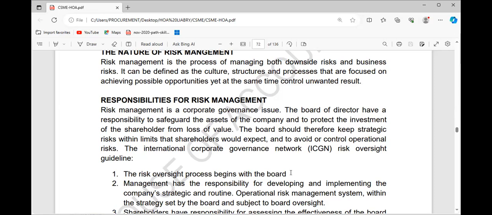The International Corporate Governance Network, which is ICGN, risk oversight guideline. So we're going to look at the guideline very soon. But what this one is saying is that it is the responsibility of the management to make sure that they control the risk.